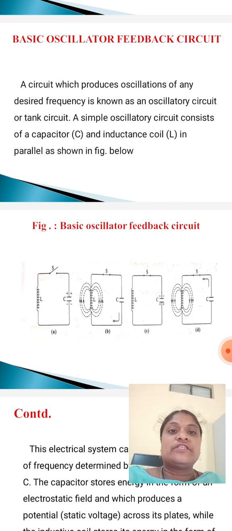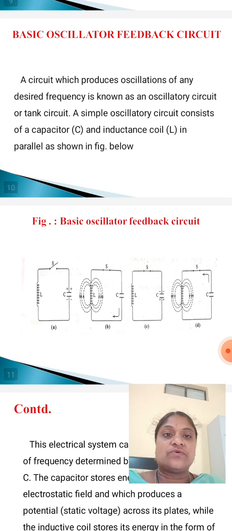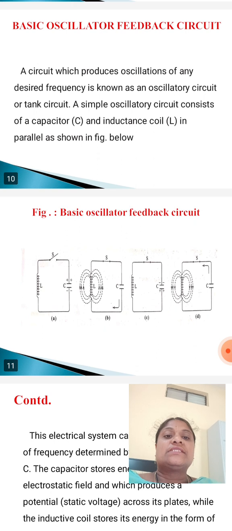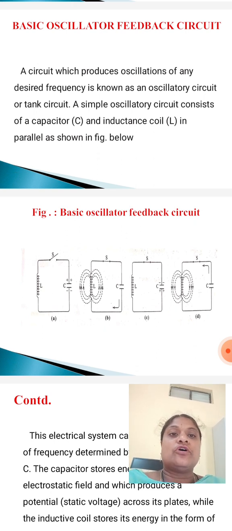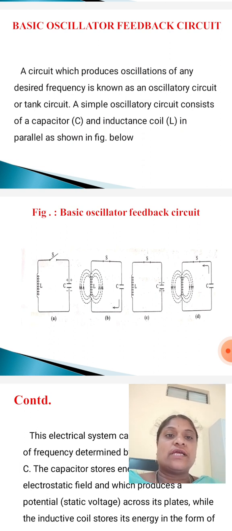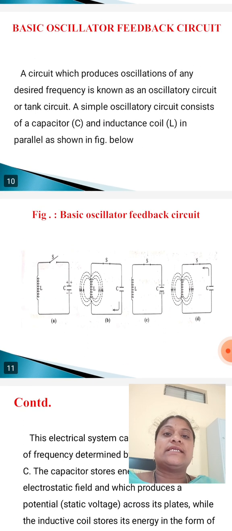A circuit which produces oscillations of any desired frequency is known as an oscillatory circuit or tank circuit. Observe this. A simple oscillatory circuit consists of a capacitor C and an inductance coil L, both connected in parallel.